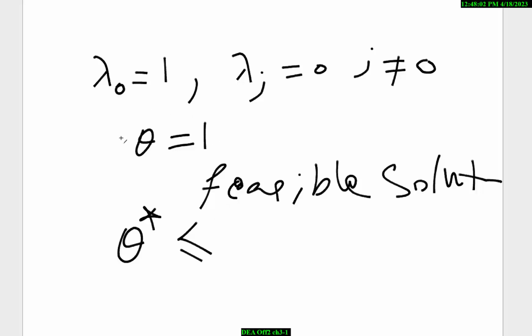So we have theta star is less than or equal to 1.